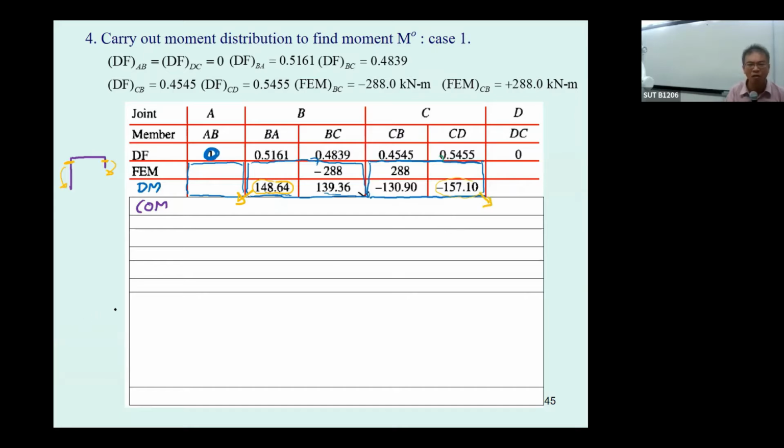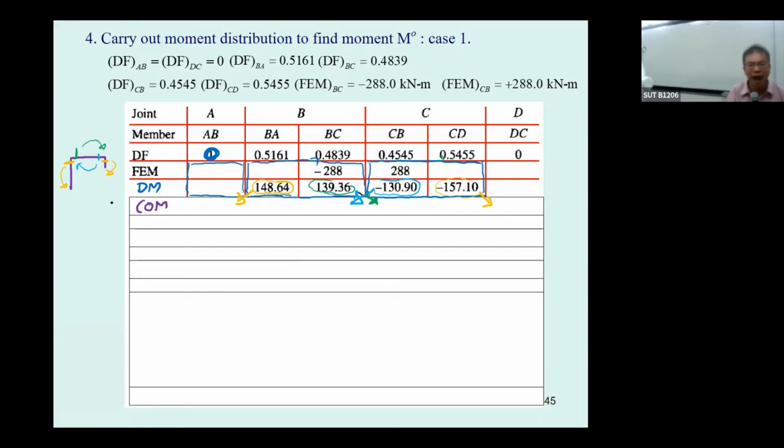And although we have the moment 139.36 over here, it is going to carry over here, and you get minus 130.90 over here, which must carry over here. That is for the light blue, and that is for the green.